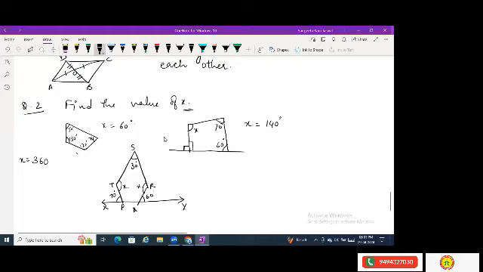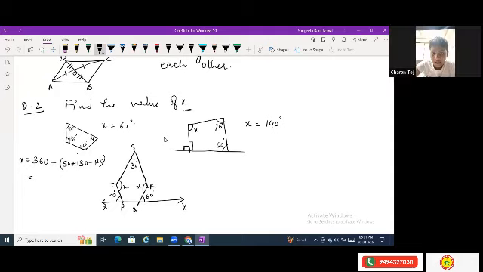That means from 360 degrees, I have to subtract the sum of the other three angles, that is 50 plus 130 plus 120, right? So what is this? Ma'am, both of the angles are 100, ma'am. X is equal to 100.